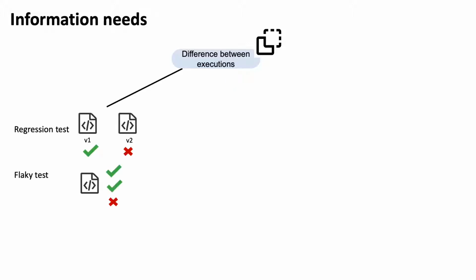In this presentation, I would like to elaborate on the information need about differences between multiple logs, because it has been mentioned by more than 10 developers and it is less studied in the literature. There are several use cases where developers compare logs. One of them is investigating the root cause of regression and flakiness.